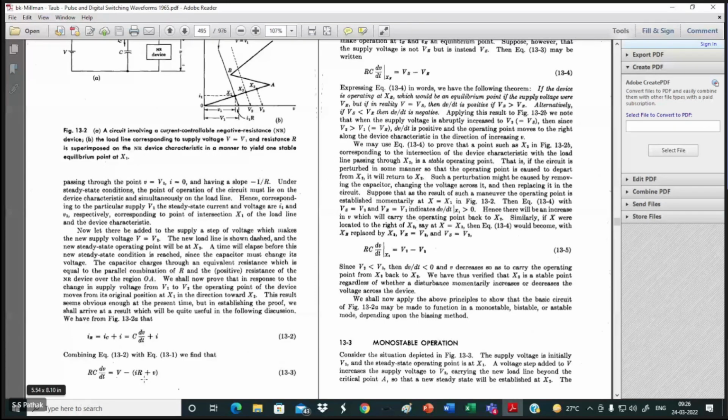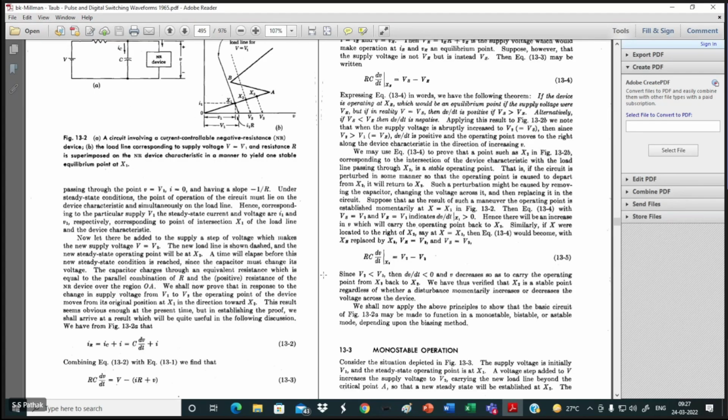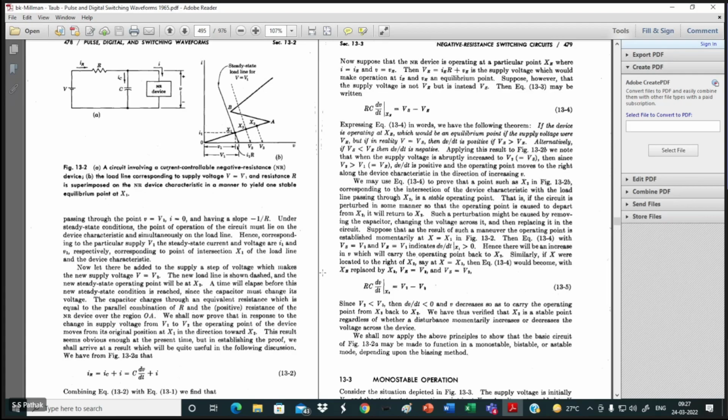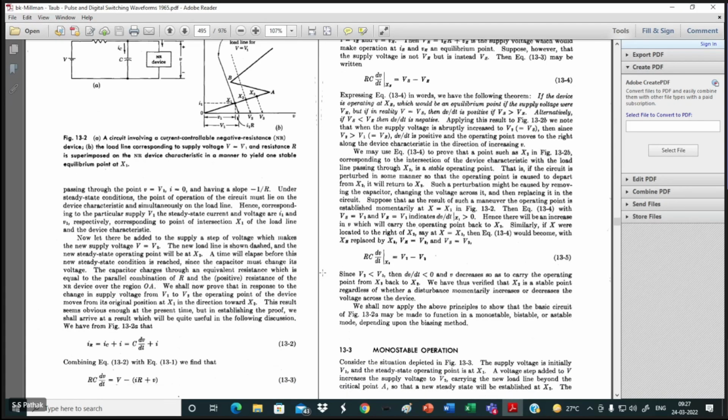Let me put this. RC dV by dt equals V minus IR plus V. Okay.